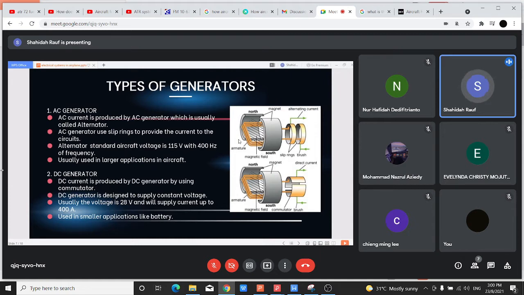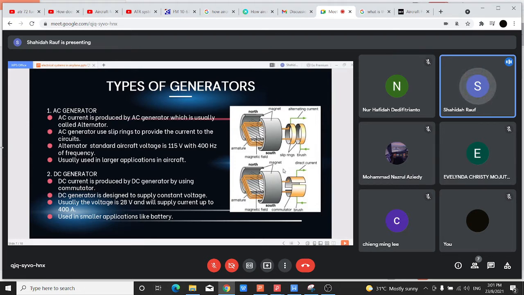The second one is the DC generator. DC current is produced by the DC generator by using a commutator. A DC generator is designed to supply constant voltage, usually 28 volts, and will supply current up to 400 amperes, and it is usually used in smaller applications like batteries. Generally, a generator will produce AC current by using slip rings here.